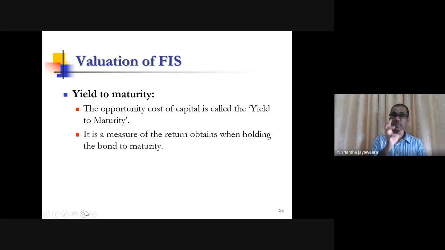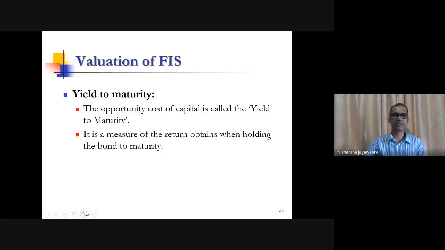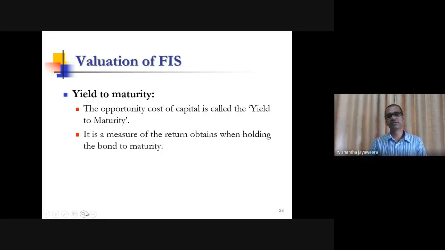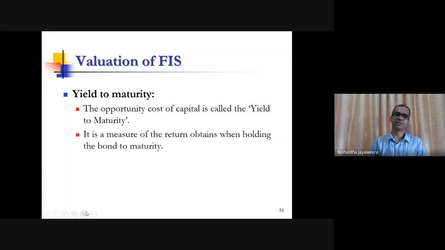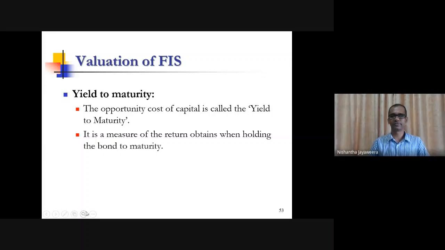But the price will depend heavily on the coupon rate, because all the cash flows depend on the coupon payment, which depends on the coupon rate. Is it clear?